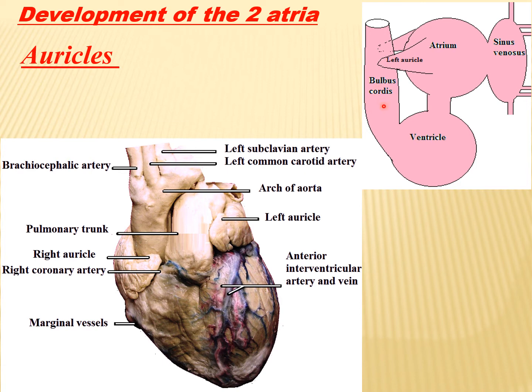And the bulbus cordis, as we know, later forms the great blood vessels, aorta and pulmonary trunk. So the left and right auricles surround the great arteries of the heart originating from the bulbus cordis.